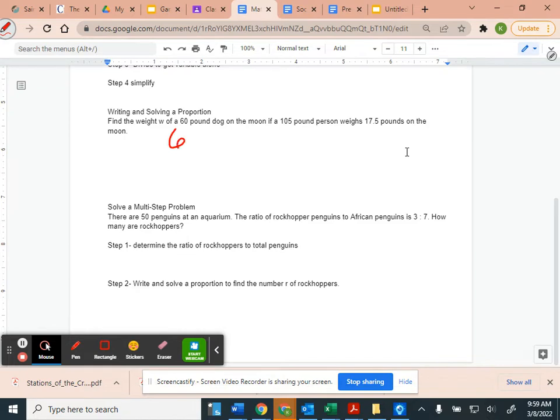So if on Earth that dog is 60 pounds, what would it weigh on the moon if a 105-pound person on Earth weighs 17.5 pounds on the moon? Because the moon doesn't have as much gravity. Little science thrown in here. So you don't weigh nearly as much on the moon. So what would the dog weigh on the moon?